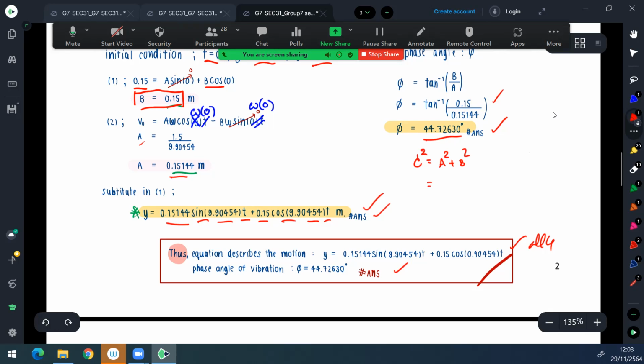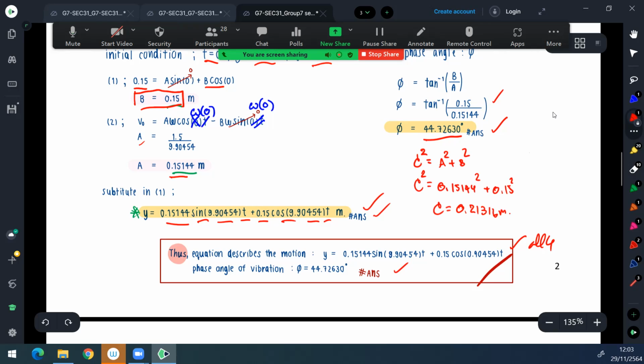That is equal to the square root of 0.15144 square plus 0.15 square. For this, we have C become 0.21316 meter.